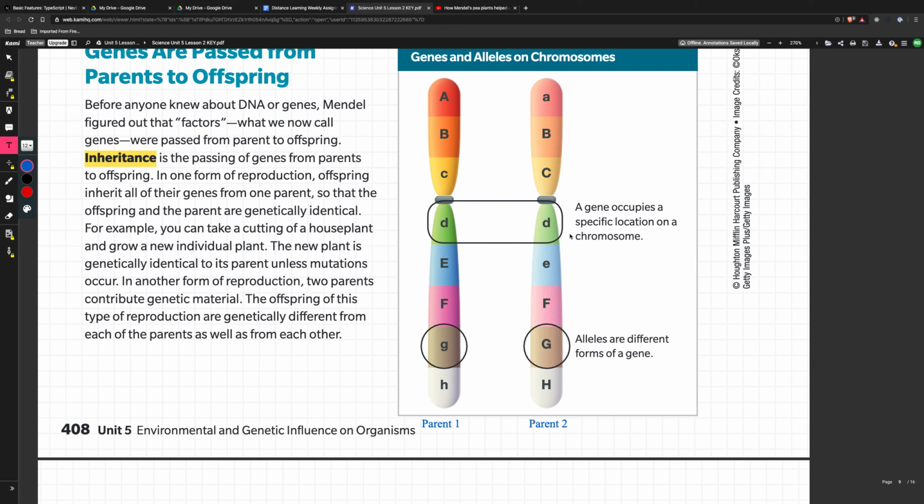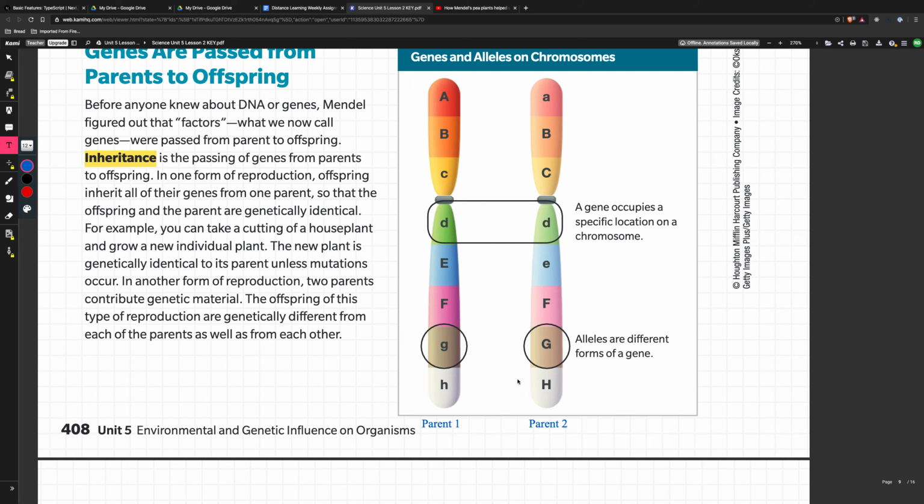This is the green gene, and it has 2 lowercase d alleles. This is the brown gene, and this has 1 lowercase g and an uppercase G. And these are the same gene, right? But they use uppercase and lowercase because they're a little bit different forms of the gene.